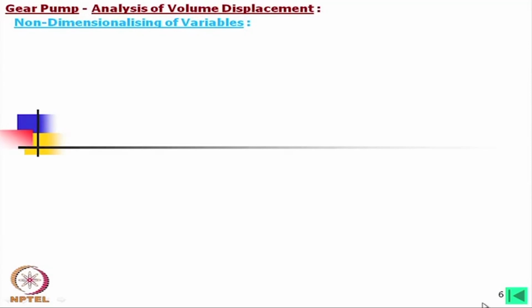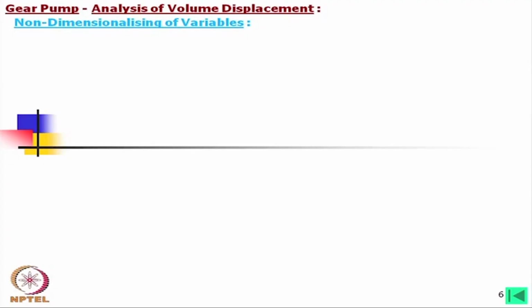Now, we shall try to find out the volume displacement. What we would do is, if we can calculate the variation of this area with shaft rotation or with respect to time, then we can multiply by the width of this gear. In the case of a piston pump, we multiply a constant area with the variable stroke length.